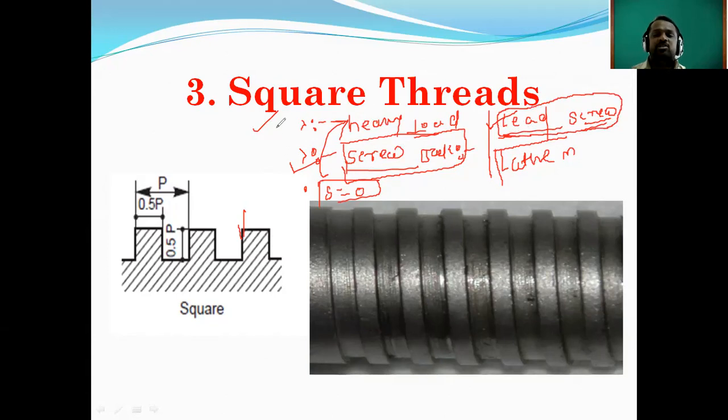The slippage is zero in the square thread. So this is about the square thread. Now how to draw the profile? Simple, just draw the profile of that square thread like this. So this is the square thread.